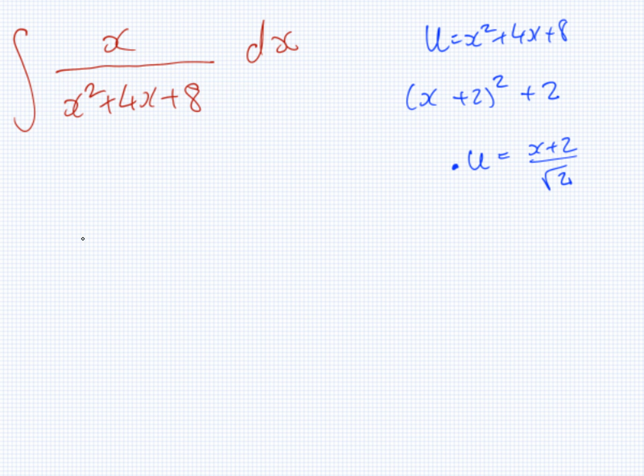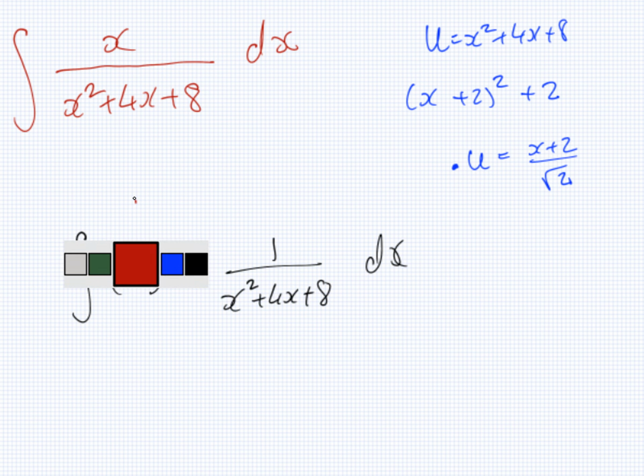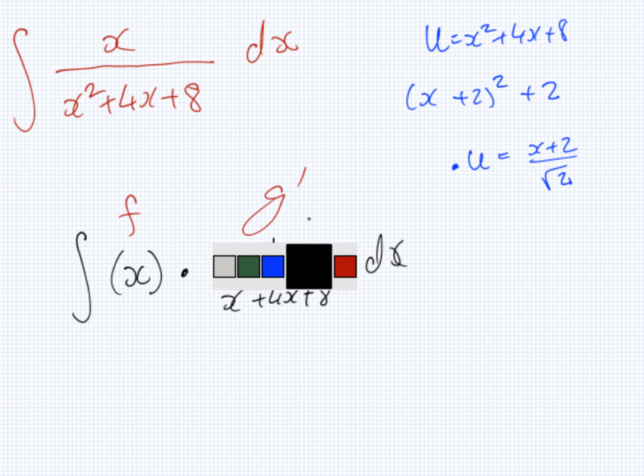So, Andrew's idea is to use by parts. So this we change into x times 1 over x squared plus 4x plus 8 dx. And remember, this is f and this is g derivative.